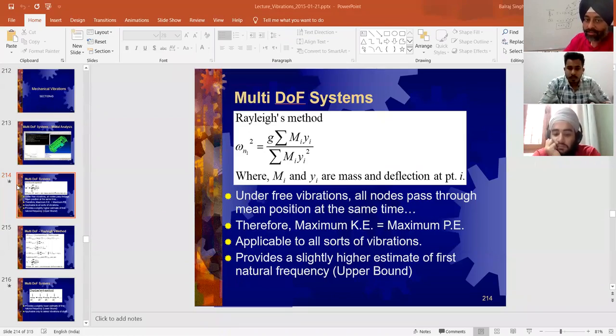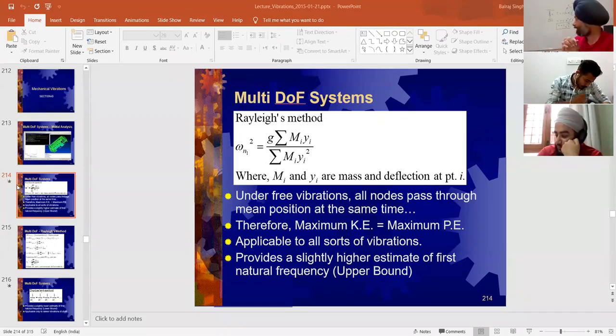At another instance of time, the entire energy will be in the form of potential energy. That could be the strain energy, or that could be the gravitational potential energy, depending upon the system's configuration. Right? So this expression is applicable to all sorts of vibrations, this Rayleigh's expression, because it's very generic in nature. And it provides, as I've just said earlier, a slightly higher estimate of the first natural frequency.